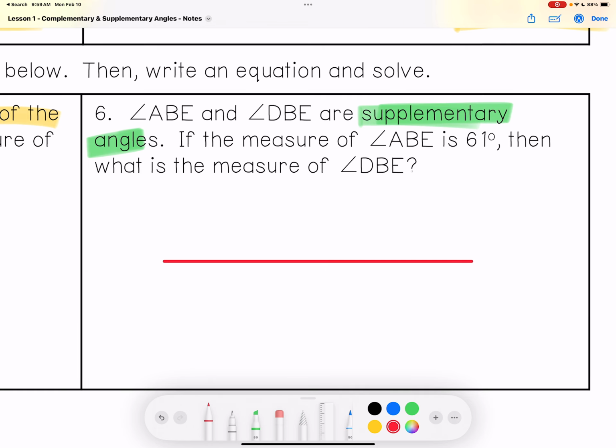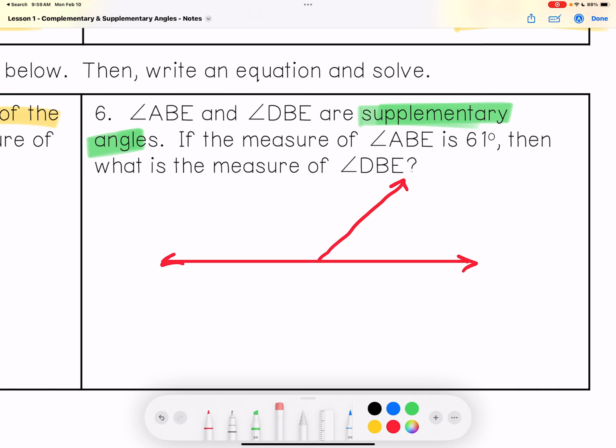All right. Now, I know the ABE is 61. I know the whole thing is 180. 90 is about straight up and down, so that would be about 90, but I want 61. So 61 is probably about right in there. Okay?